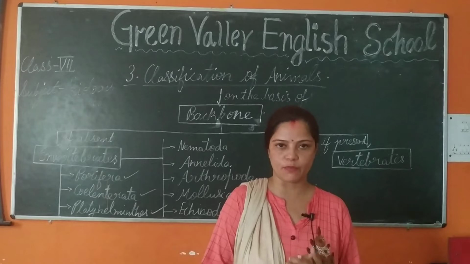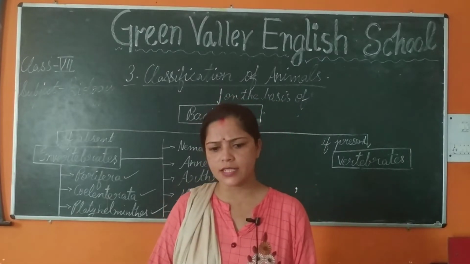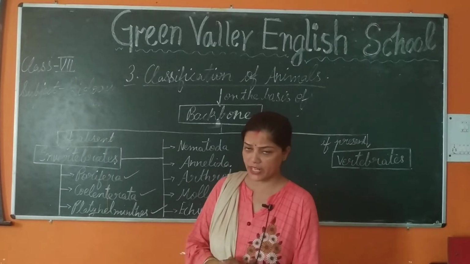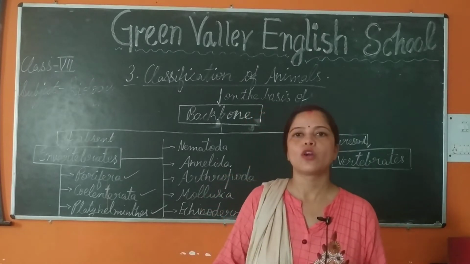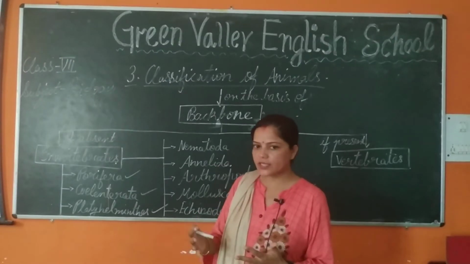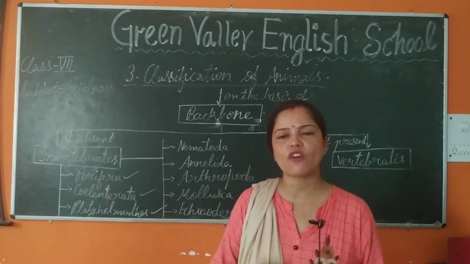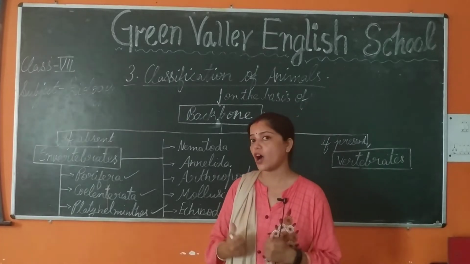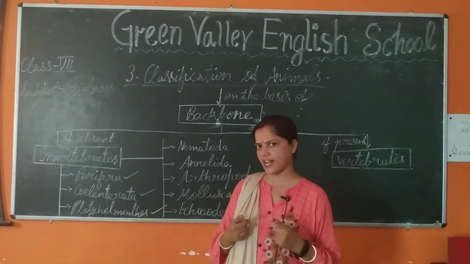Invertebrates do not have a backbone, and vertebrates have a backbone. On the basis of their features, invertebrates are divided into how many groups? I told you in the last class.